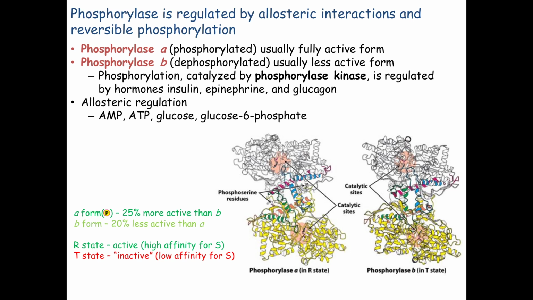What would take that phosphate off? Well, what takes phosphates off of things? Those would be phosphatases. So if I had a phosphate on a dog and I wanted to remove that phosphate, it would be a dog phosphatase. Here, I have a phosphate on an enzyme called phosphorylase, and I'd like to remove it. It would be a phosphorylase phosphatase.